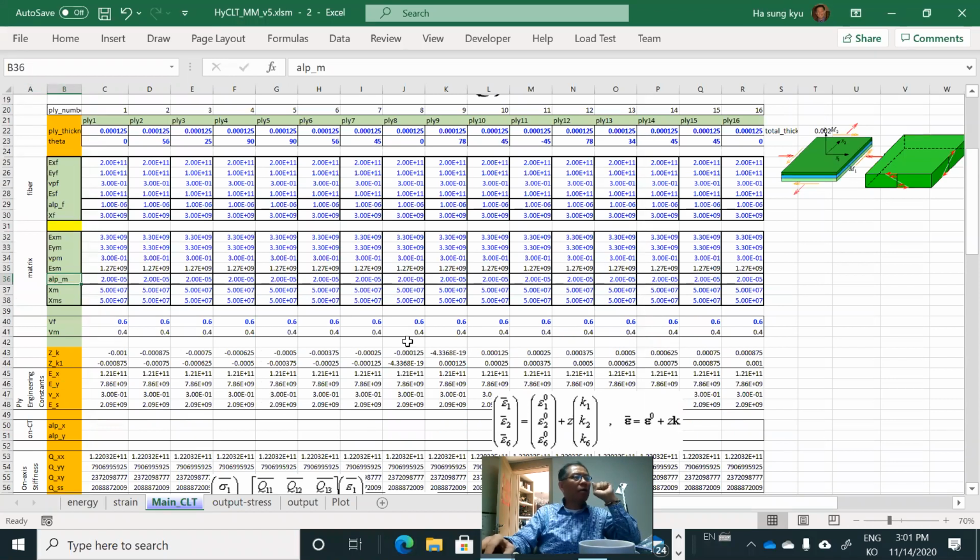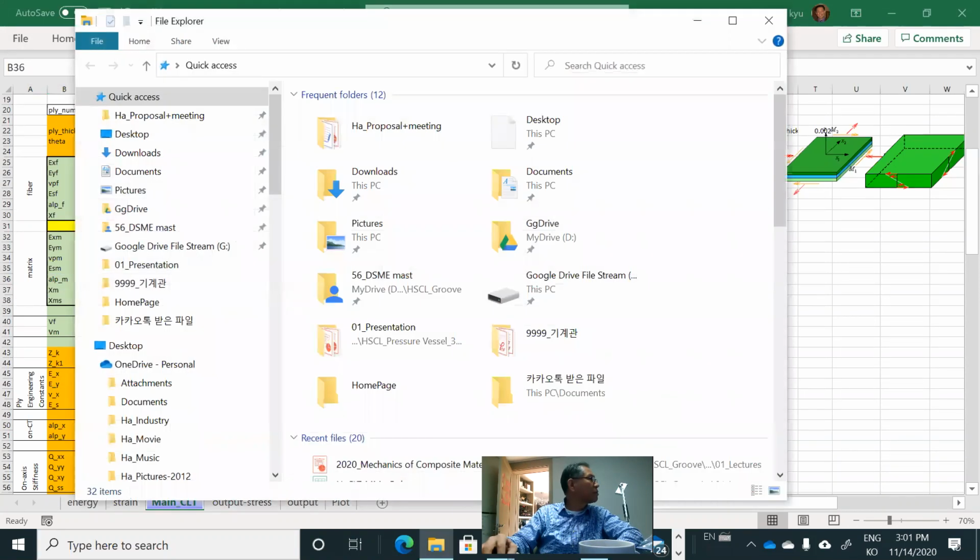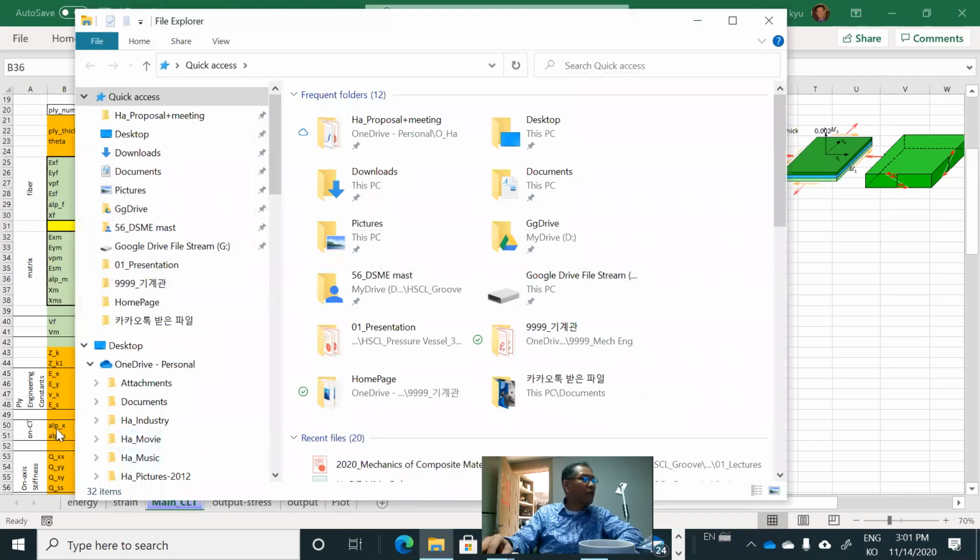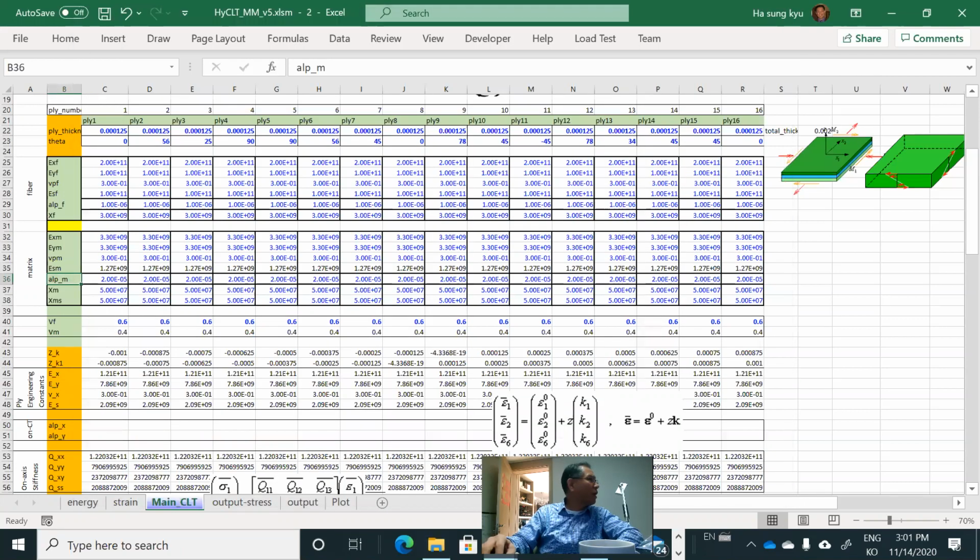Well, that one actually we calculated, you know, months ago, and I'm gonna get back to that slide. Actually, we deleted the micromechanics worksheet.